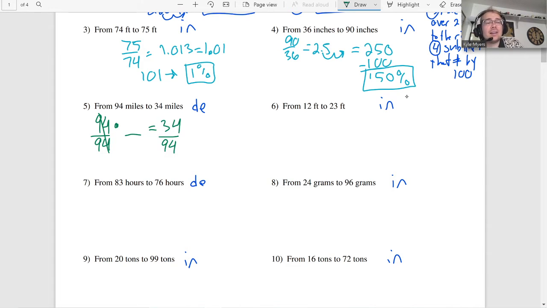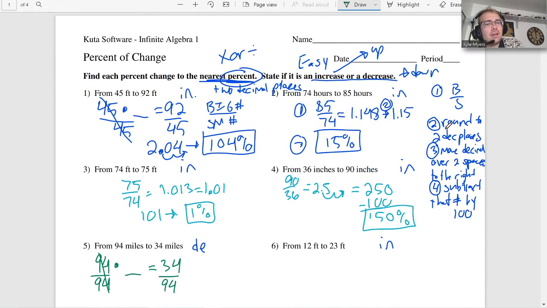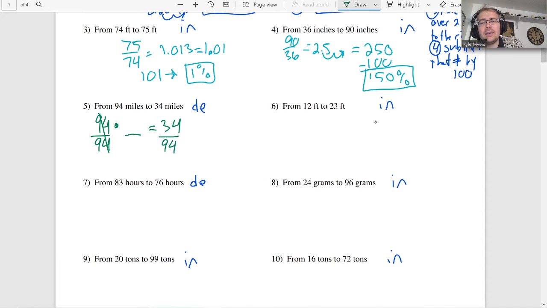If it's decrease, then step 1 would be to divide the small number by the big number instead. Okay, so if it's decrease, that's what we do instead. Let's see. So 34 divided by 94 would be 0.36.